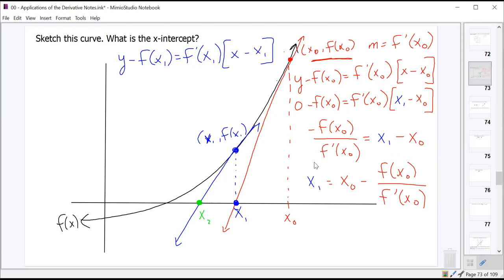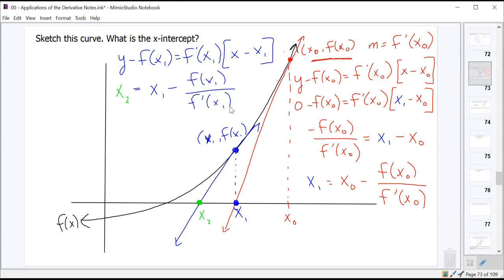So I think we could say that x2 ought to be equal to x1 minus f of x1 over f prime of x1. And that'd be our value at x2.